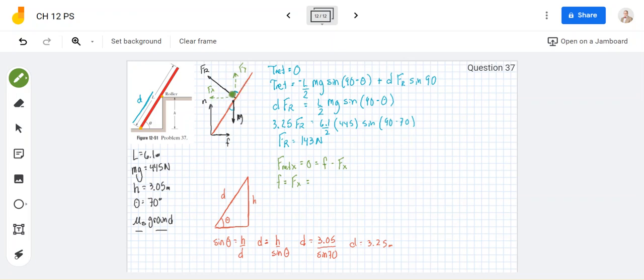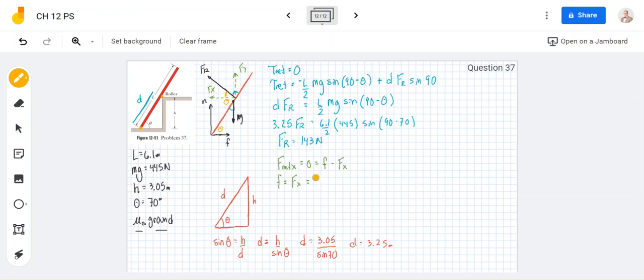And if I look at this, depending on the angle you use here, what we're going to notice is that that little angle there, so this one is theta, this one is theta, so that one there is 90 minus theta.